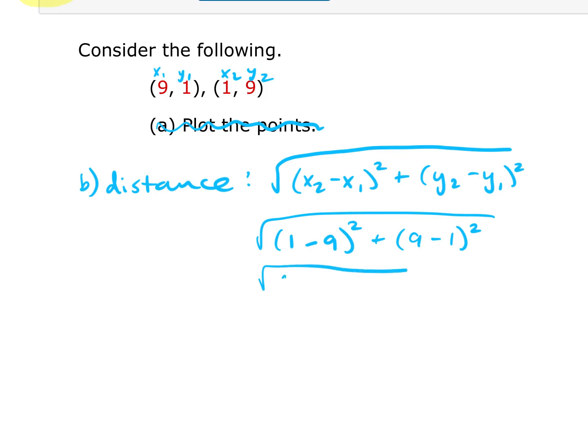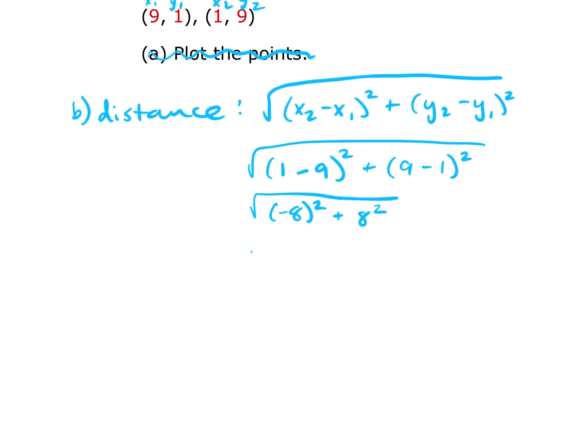So this would be -8 squared plus 8 squared. So 64 plus 64, which would be 128. Can we simplify the square root of 128?